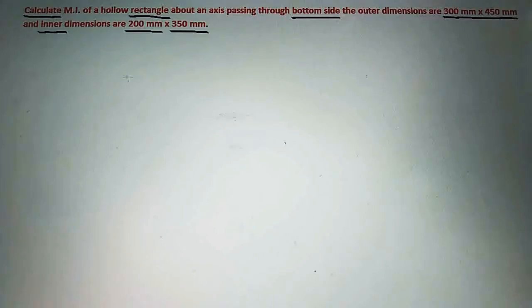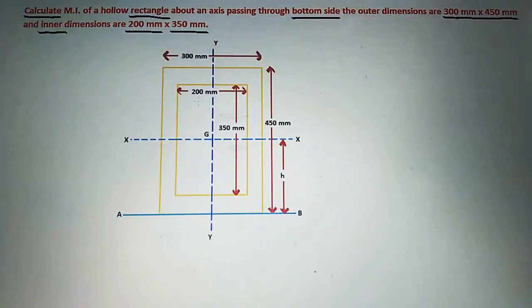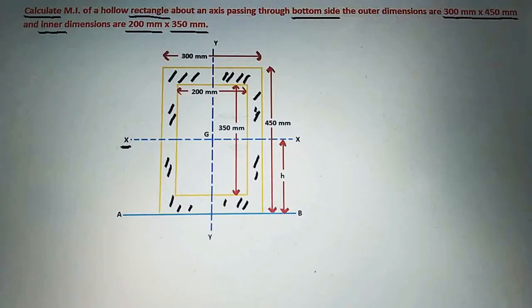So first of all, we will draw a diagram here. See this diagram here. It shows this hollow rectangular section, in which this is the centroidal x-axis and this is the centroidal y-axis of this hollow rectangular section.